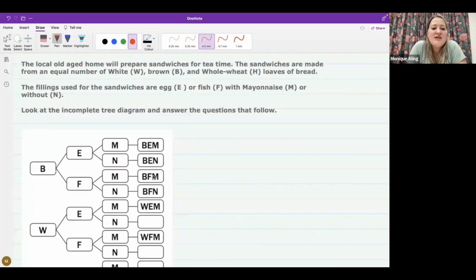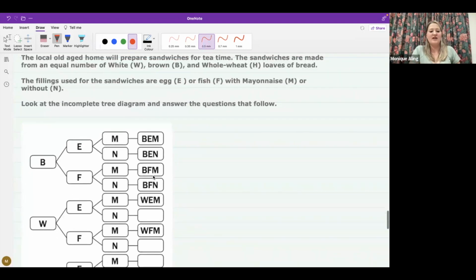So it says, the local old age home will prepare sandwiches for tea time. The sandwiches are made from an equal number of white, abbreviated with W, brown, and whole wheat loaves of bread. So there are three types of bread being used for these sandwiches. The fillings used for the sandwiches are egg or fish, with mayonnaise or without mayonnaise.